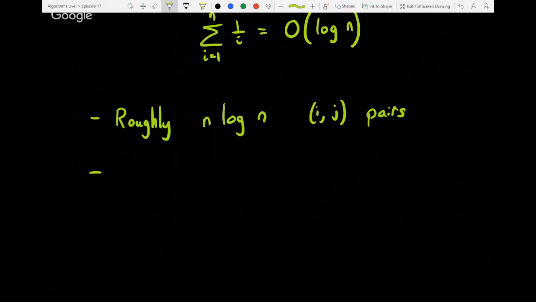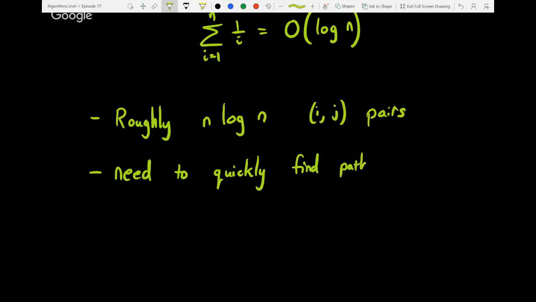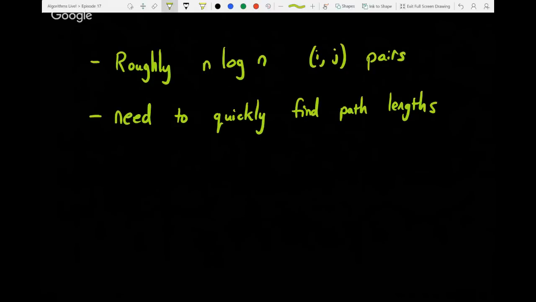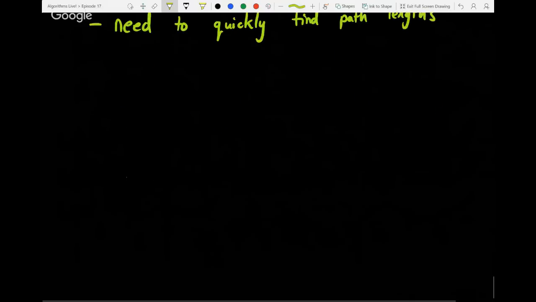And so what we need to do is quickly find the path lengths, because if we knew the path lengths, we could sum those together for every single query fairly quickly.